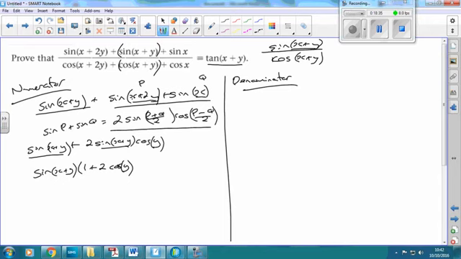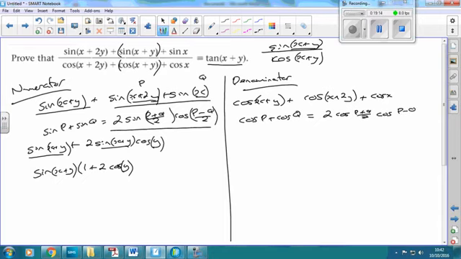So denominator. Again, because we know that sine of x plus y over cos of x plus y is tan of x plus y, let's bring this thing to the front. So cos of x plus y plus cos of x plus 2y plus cos x. Now we know that cos of p plus cos of q equals 2 cos of p plus q over 2 cos of p minus q over 2.